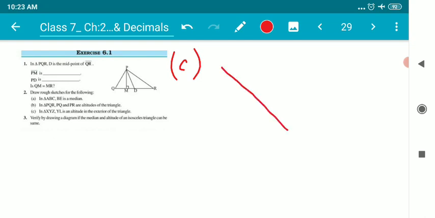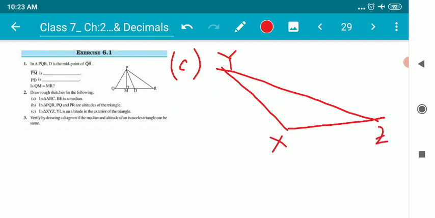So triangle XYZ will be looking like this. This is X, this is Y, and this is Z. YL is the altitude which is exterior, outside the figure. Of course, from Y I cannot draw the altitude inside the figure. I have to draw it outside.